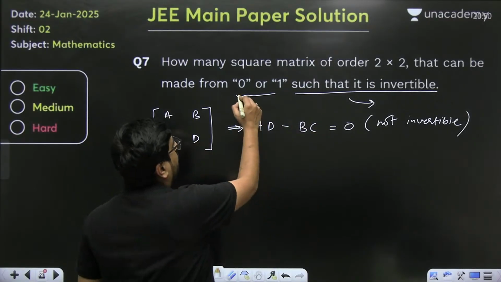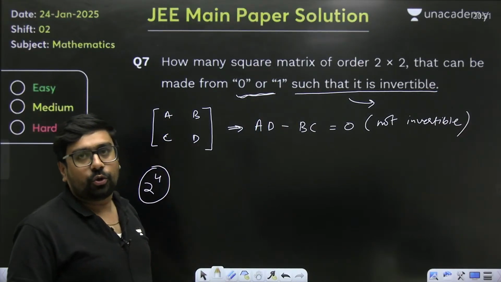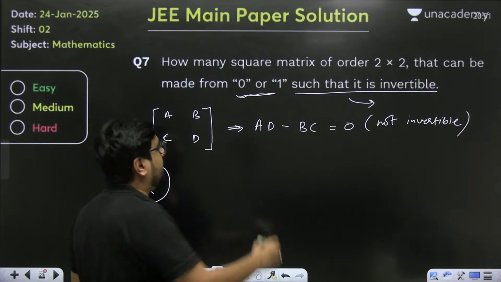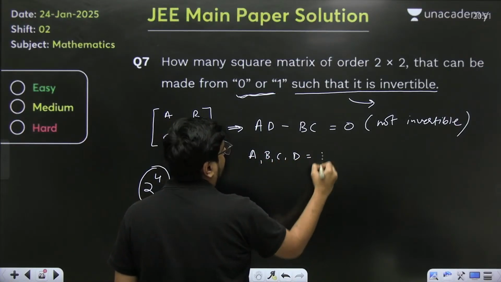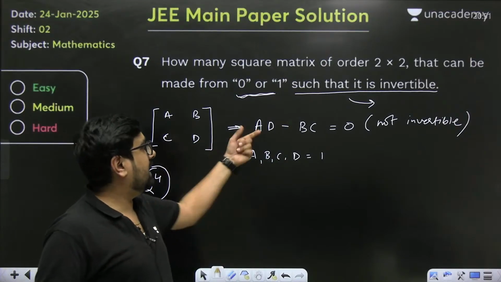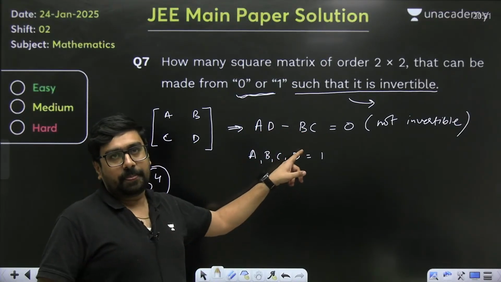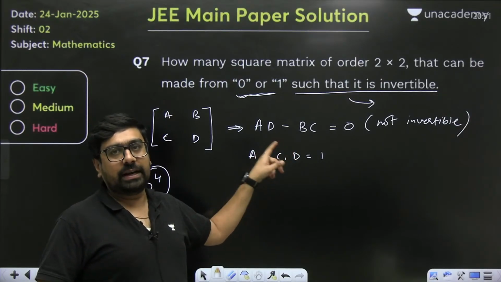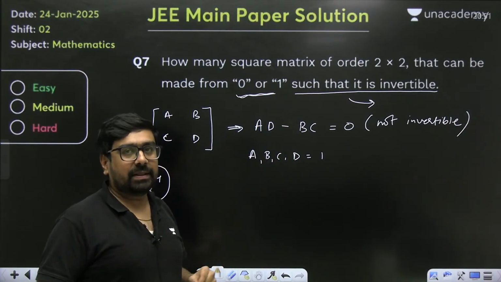Now elements are only 0 or 1. So two possibilities are there. One possibility is that A, B, C and D all are equal to 1. In that case, AD minus BC can become equal to 0. What else can be the case?